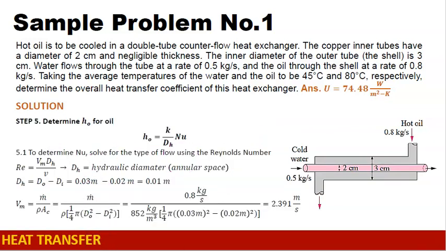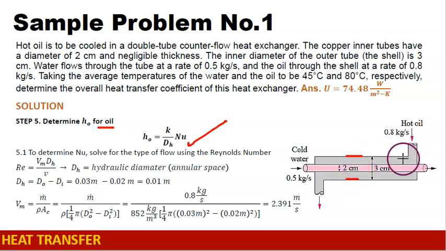So to determine ho for oil, we will determine the convection heat transfer coefficient with oil as our working fluid. So we will use this working equation. We will determine the Nusselt number for this annular flow.